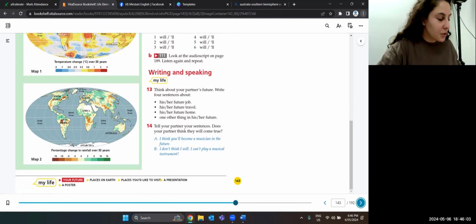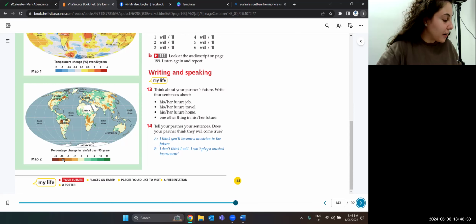If we look at map 2, rainfall has increased in Western Australia and decreased in Eastern Australia. It has increased because on the west side the color is green, and decreased on the east side because of the minus color. So true for number 4.